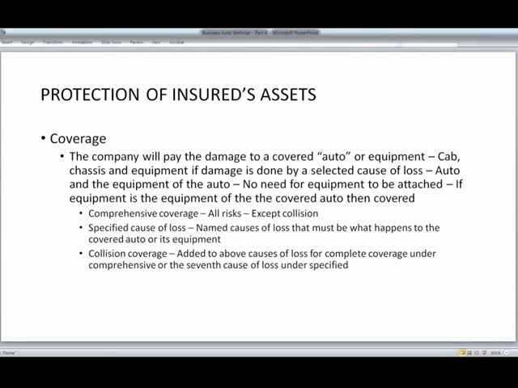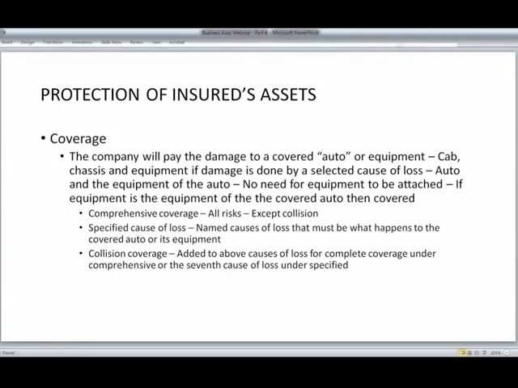It's my suggestion that you do not split coverage. One form should cover both cab and chassis and equipment, not separate the two. One of the reasons I say that is if you try to separate the two, a significant part of the cost of those items is the shared equipment or shared service items like the electrical, the hydraulic outlet, and the actual cost to put the items together on the cab and chassis.